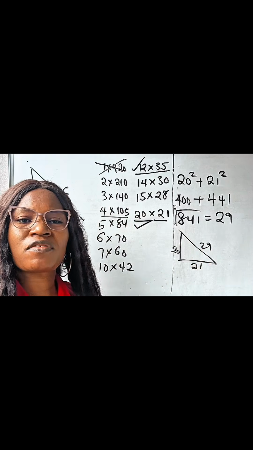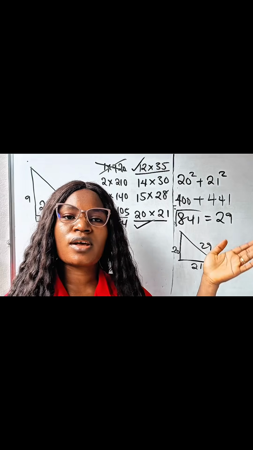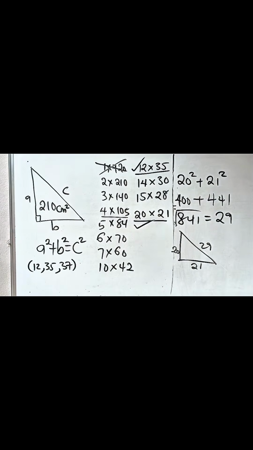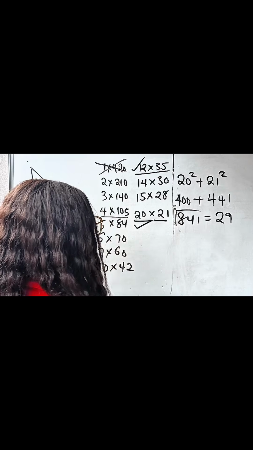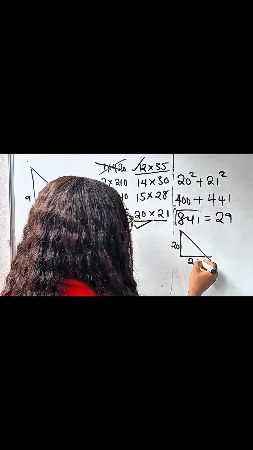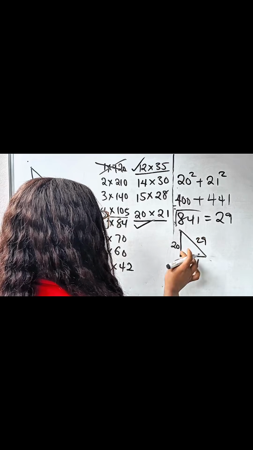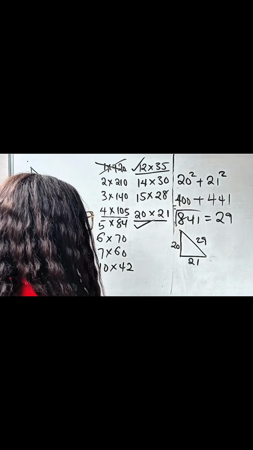Now let us verify just one. The video is already long, so let's verify one to be sure that our answers are correct. If this is our right angle, we have 20, 21 and 29. Let's see if the area is also 210 centimeters squared.